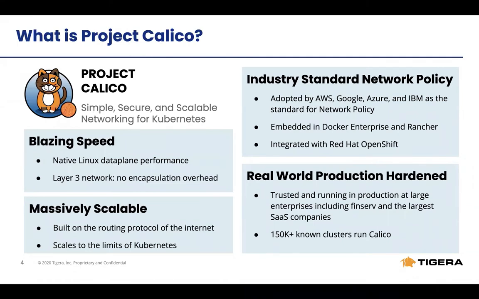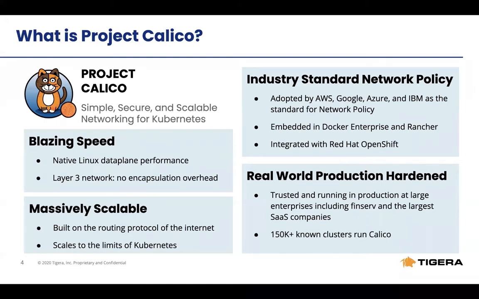The scalability is attributed to the usage of BGP that Calico uses internally, so that allows the Calico clusters to be scaled to the limits of Kubernetes. And the support of network policies and implementation of advanced network policies allows Calico to be adopted or incorporated into managed distributions and other varieties of Kubernetes distributions by known players such as AWS, Google, Azure, and IBM.